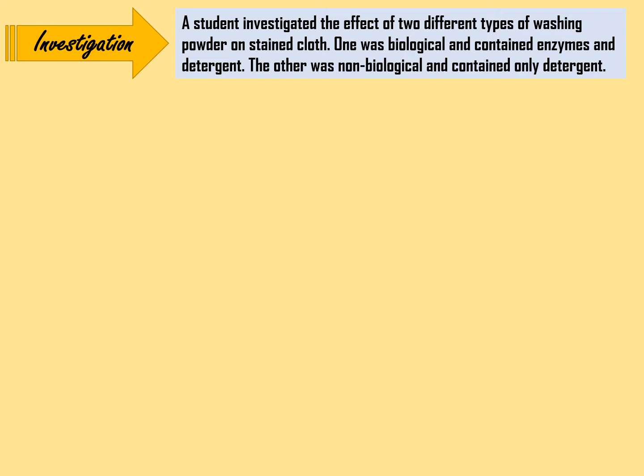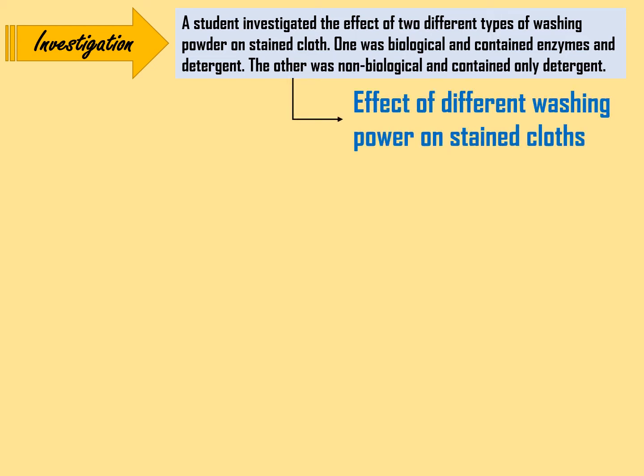One was biological and contained enzymes and detergent, while the other was non-biological washing powder without enzymes. So you're supposed to rephrase it in your own words, like: effect of different washing powders on stained clothes.